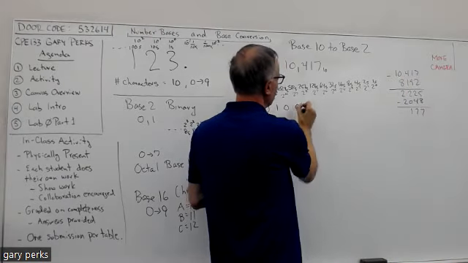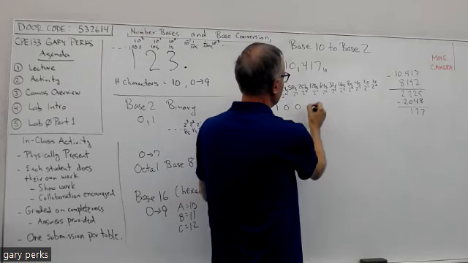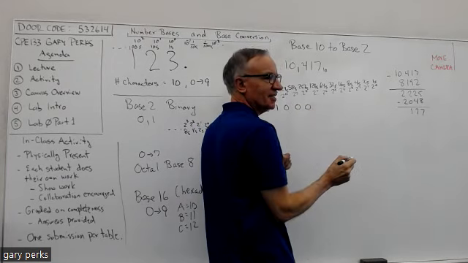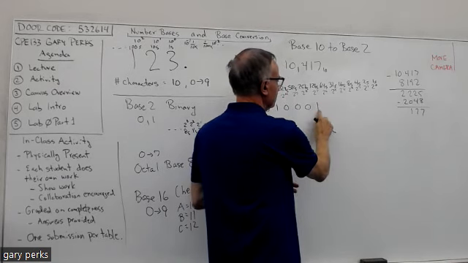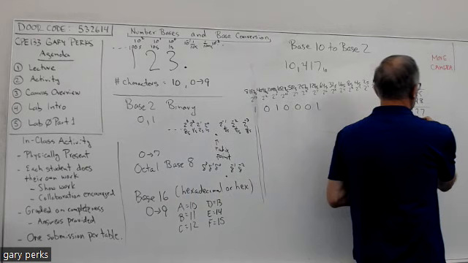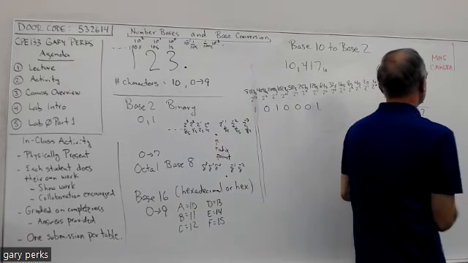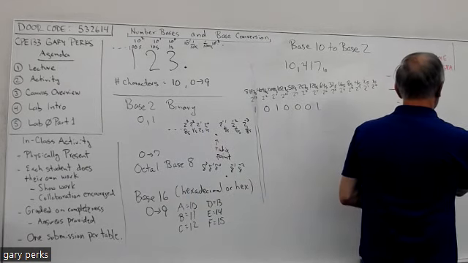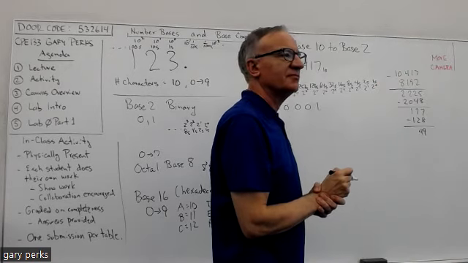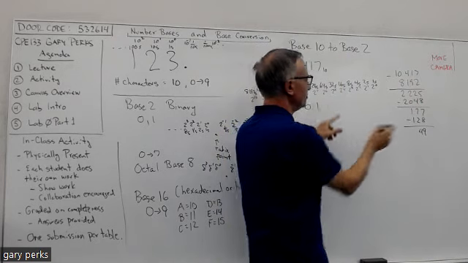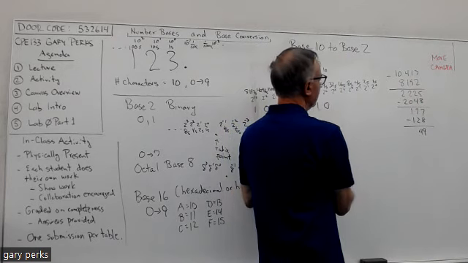I don't have 512 in 177, so that would be a 0. I don't have 256 in 177, so that would be a 0. I do have a 128. Okay. And then let's see, that's going to be 49, is it? Great. Okay, there's no 64 in 49.